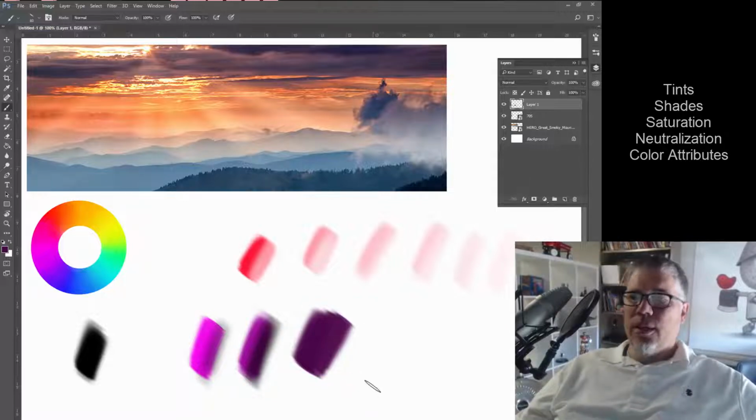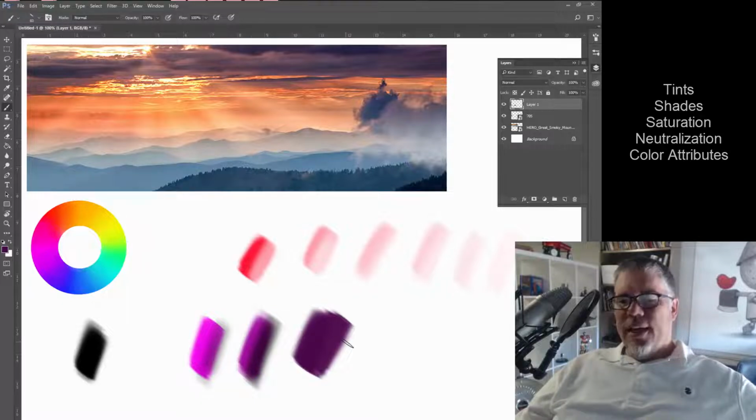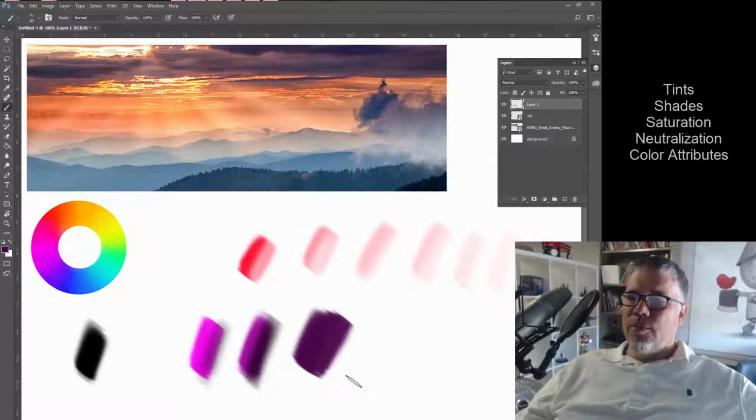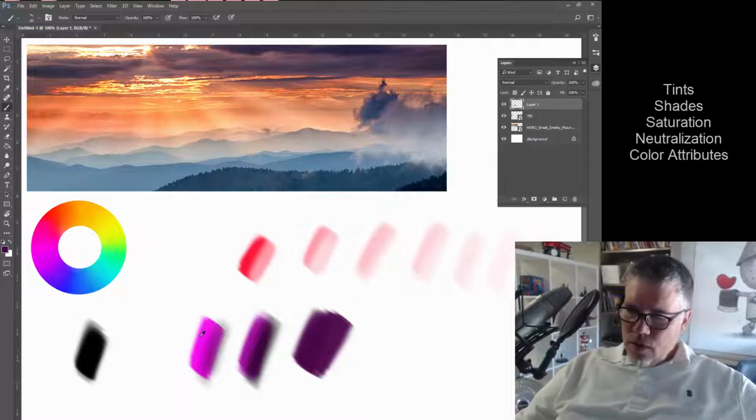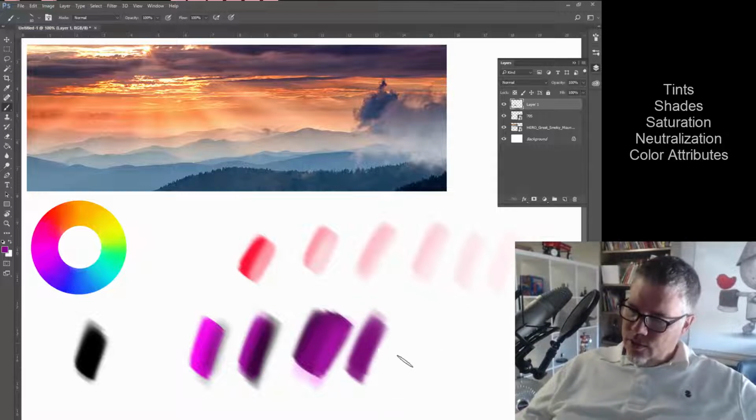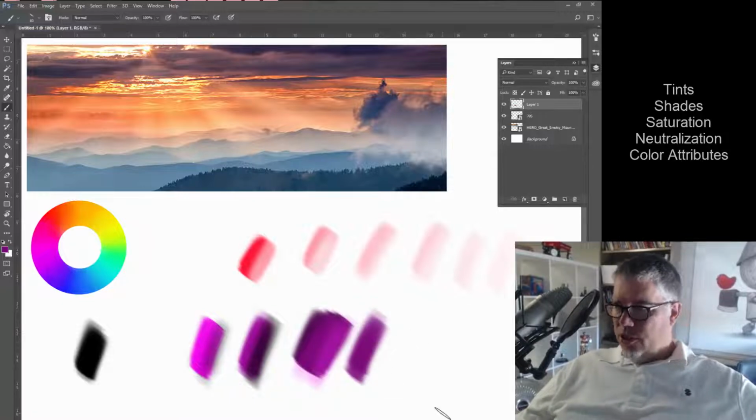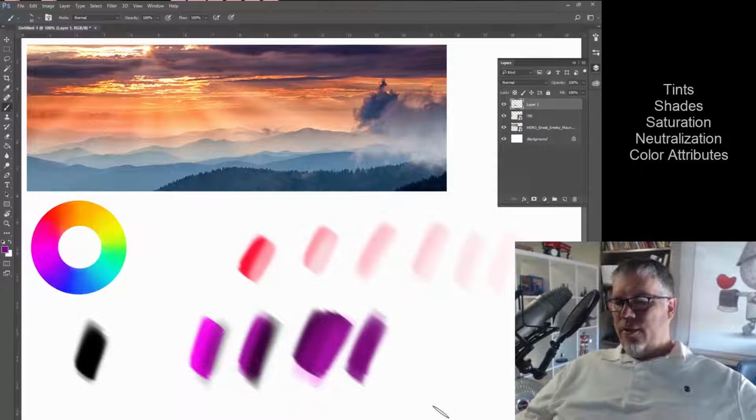If someone says, I like the shade of that color, or I like the tint of that, which you hardly ever hear. It's good to know these terms, because if you're ever in an environment where someone is talking about it, you want to automatically know what they're talking about. I guess it depends on the circles you're hanging out in, right? So there we go. These are different shades of that original color.